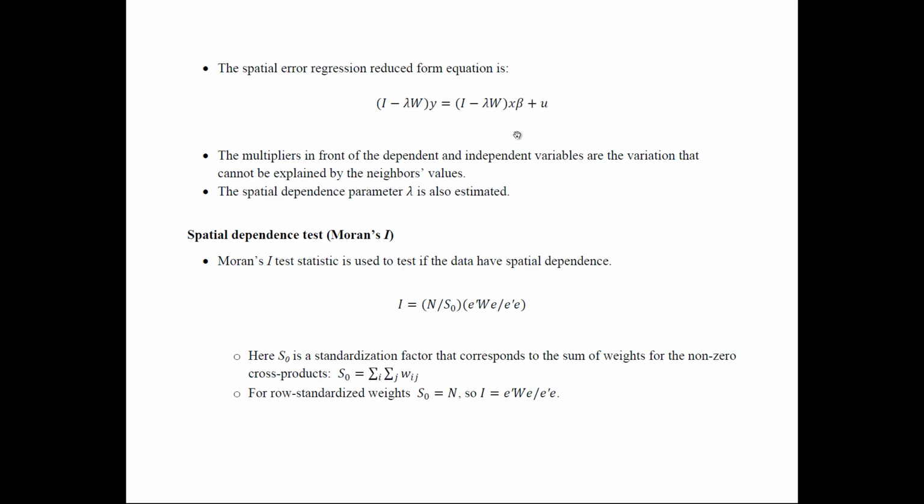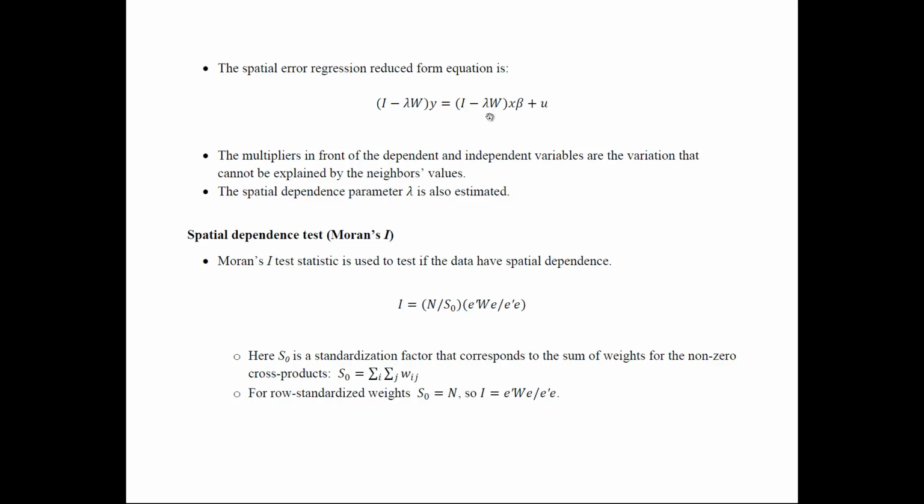So here the spatial regression model would be of this form, where both the dependent variable and the independent variables are multiplied by these terms, the spatial dependence terms. And here the spatial dependent parameter lambda would also be estimated.